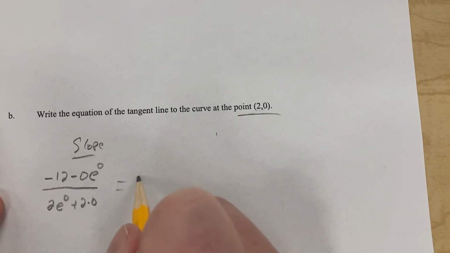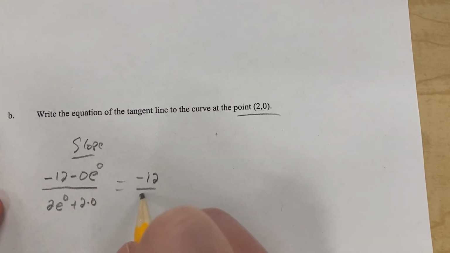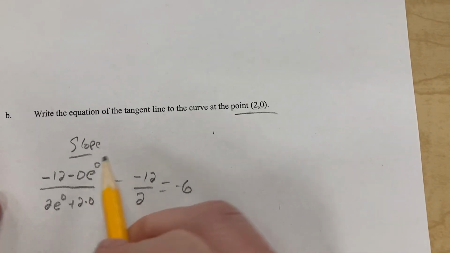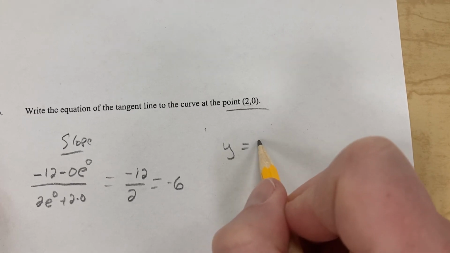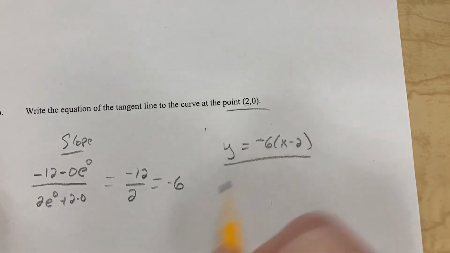And that's going to give us negative 12 on the top, this zero's out, and 2 on the bottom, this zero's out, and that gives us negative 6. That's our slope. So y minus 0, or y, equals slope times x minus 2. There's our equation.